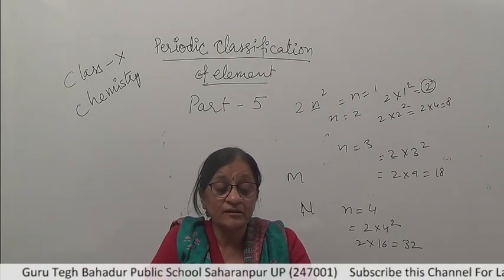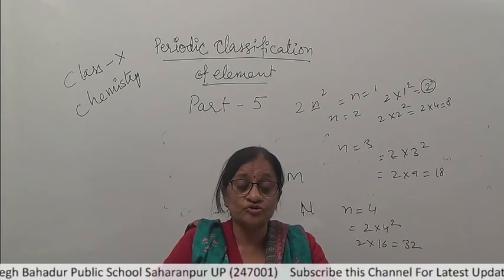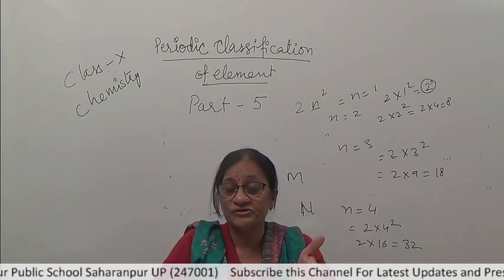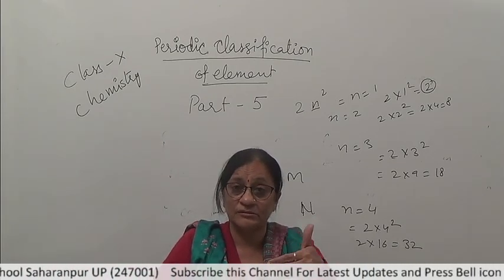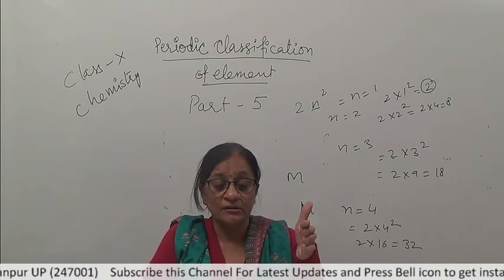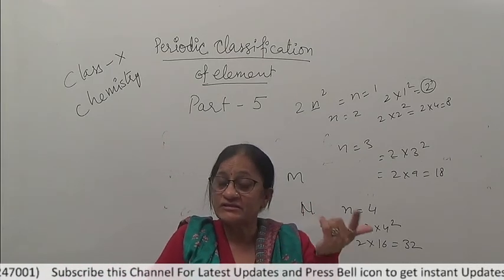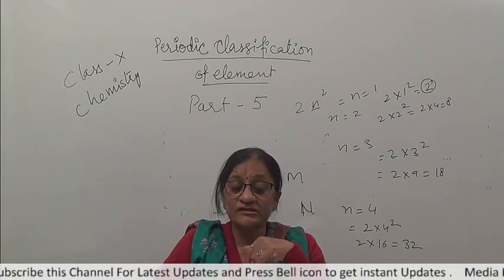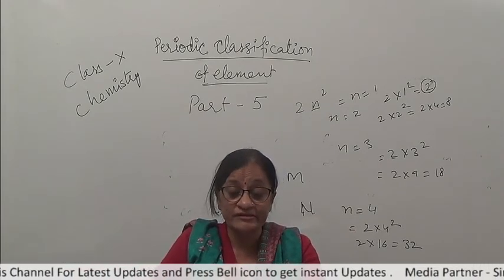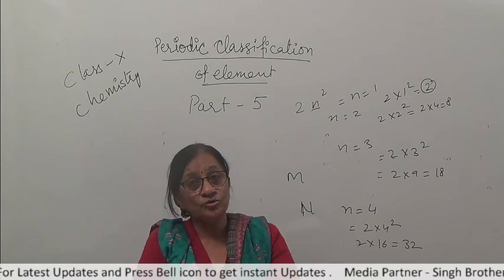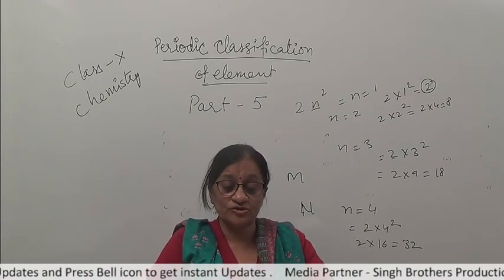Number 1, similar properties due to similar outer electronic configuration. All have a similar outer electronic configuration. Then a gradual change in the properties due to decreasing attraction between the nucleus and the valence electron.